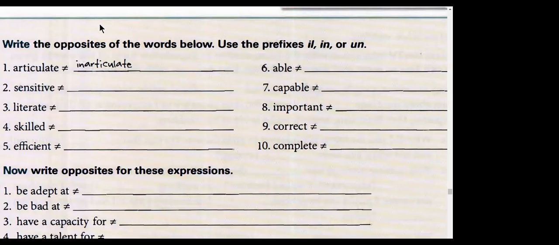Yeah, unable I think it's correct. I'm just looking in the dictionary. Yeah, unable, it's an adjective. Capable, uncapable, incapable. Okay, perfect. So we're gonna say incapable. Where is it? Important. Give us unimportant. Unimportant.